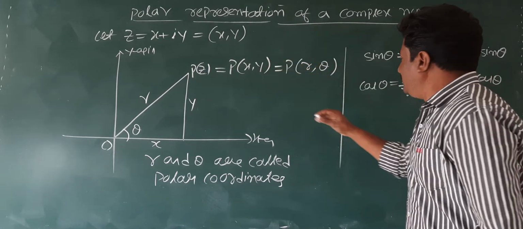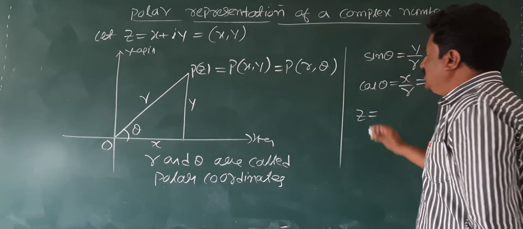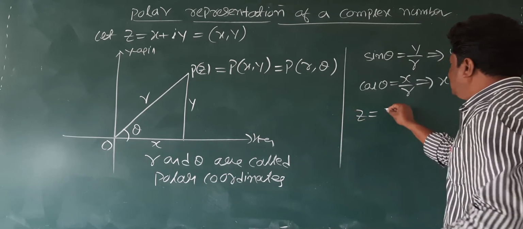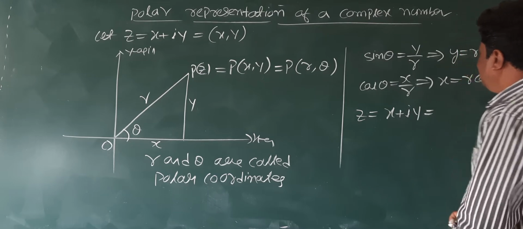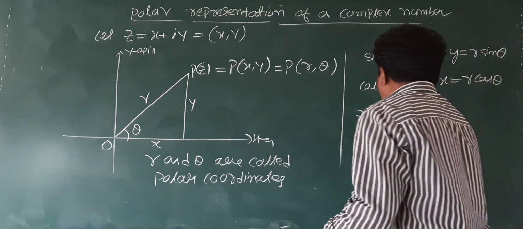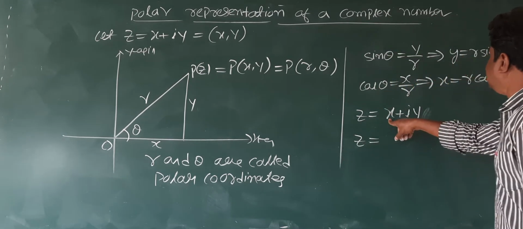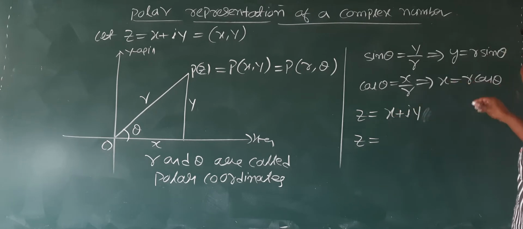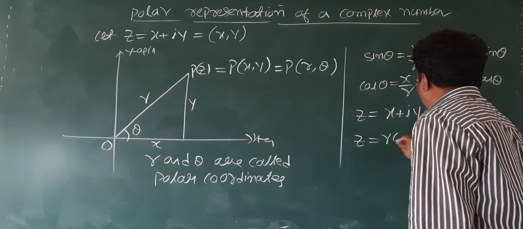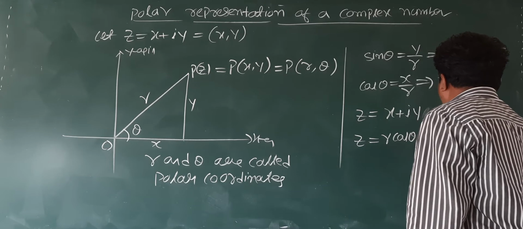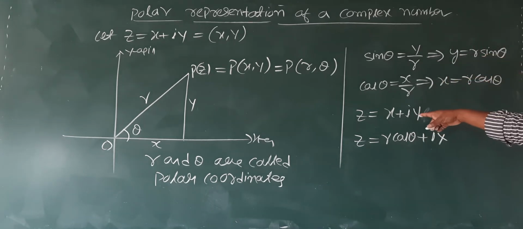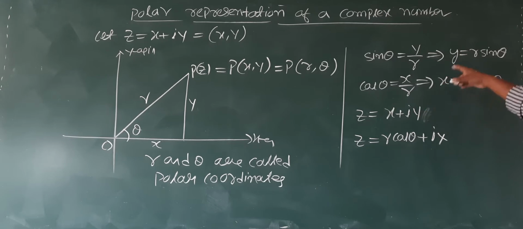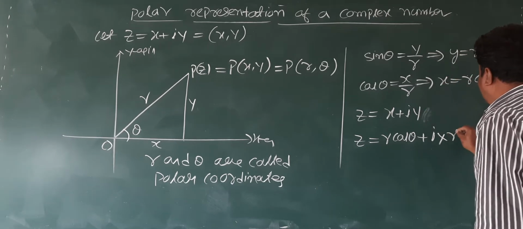Now, the complex number z equals x plus iy. So tell me, students, z equals what? x is r cos theta plus i into y, what is y? r sin theta.